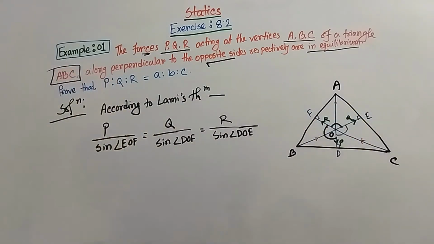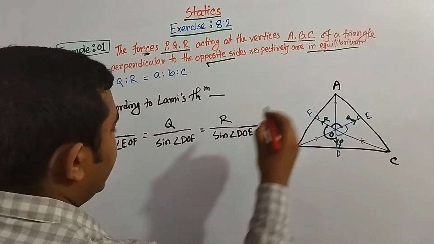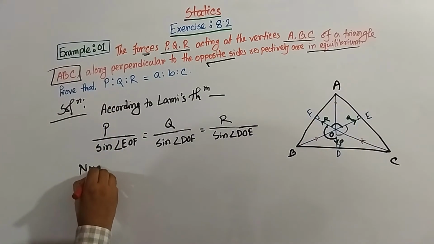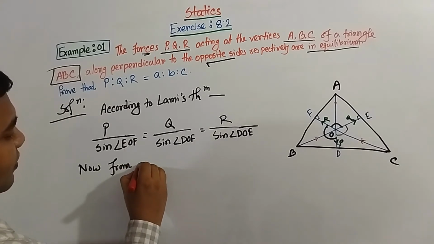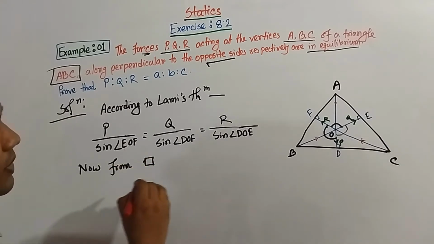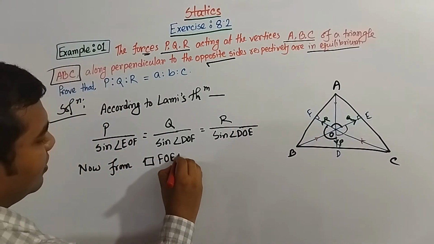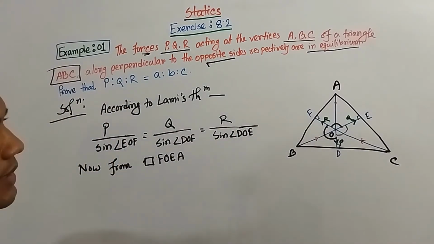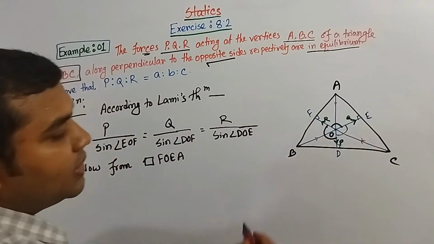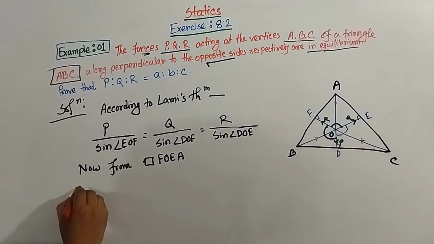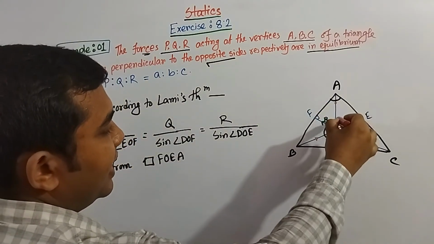Okay, from here we will now go for a quadrilateral. From quadrilateral FOEA, what we can write, since these two are perpendicular, that means these two are actually 90 degrees, so we can write that this angle and this angle should sum to 180.